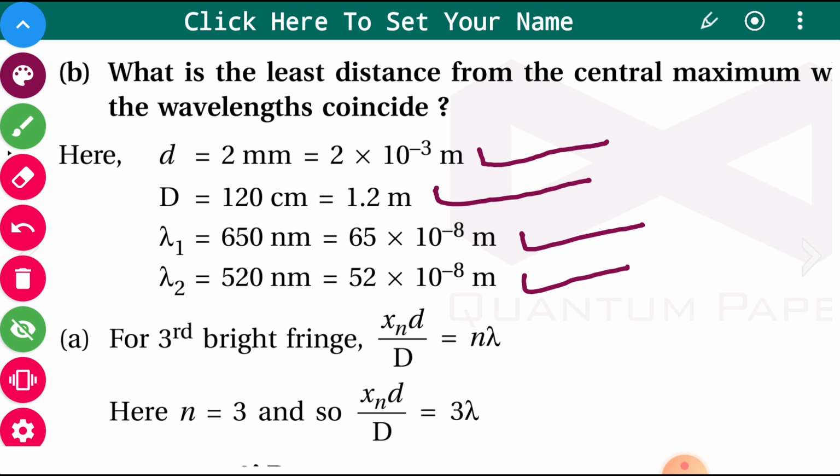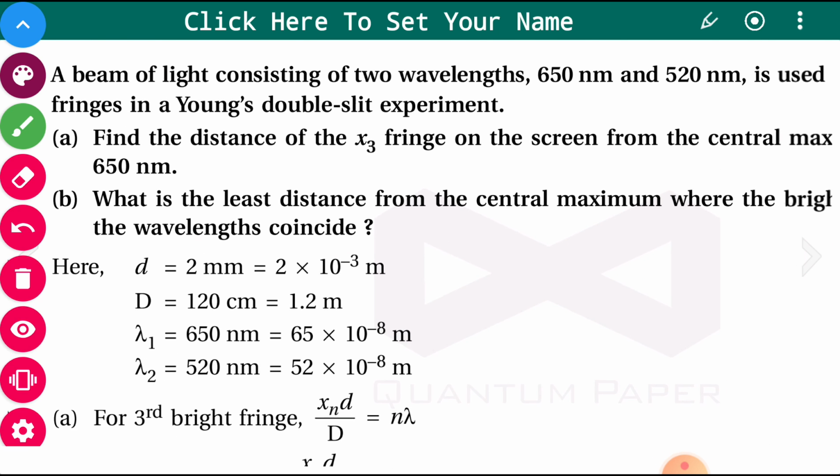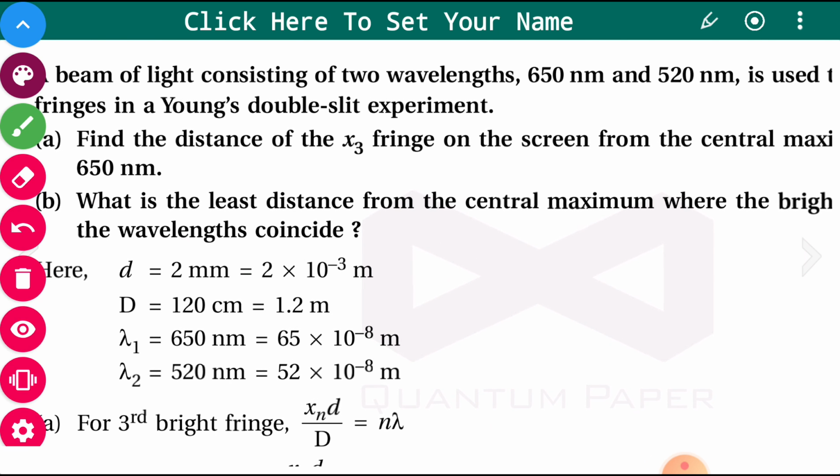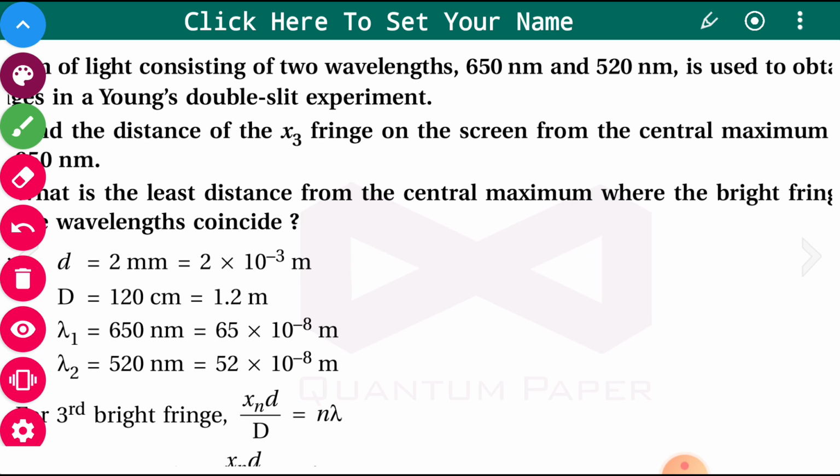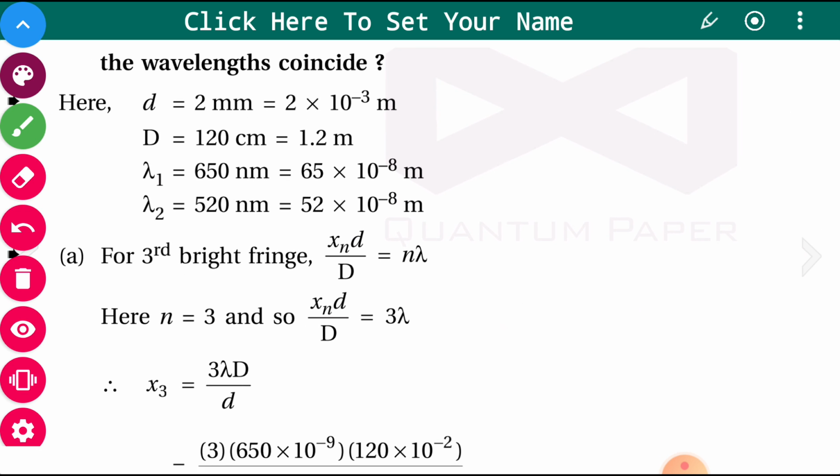Now for the third bright, it is mentioned in the first question the x3 fringe on the screen. It is not clear whether it is maxima or minima, but here we have to consider it as a maximum. Not mentioned, but that should be mentioned.